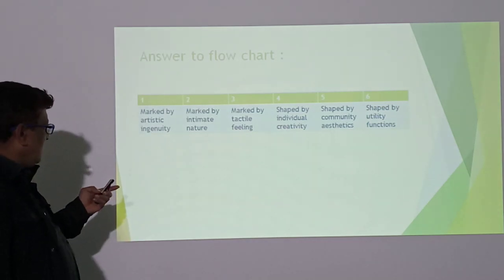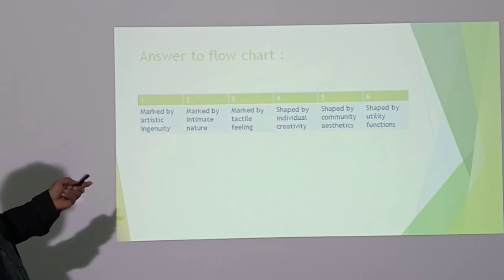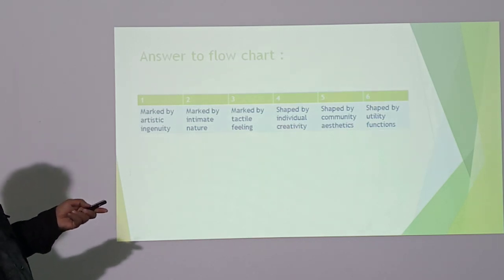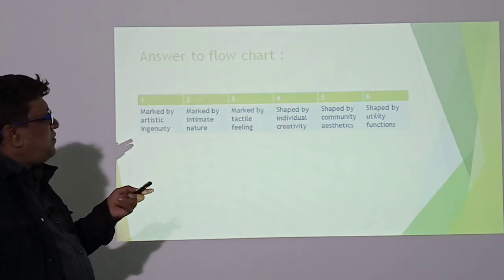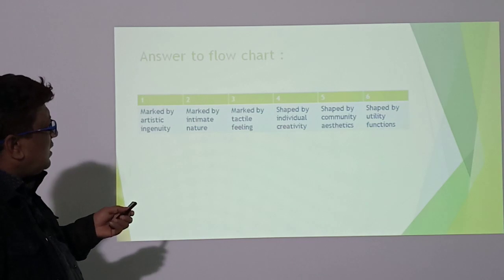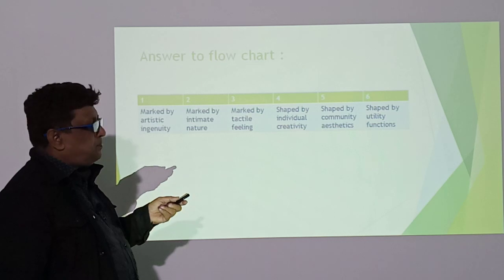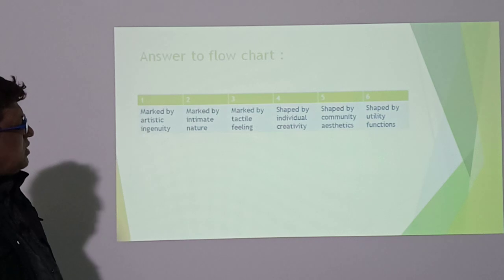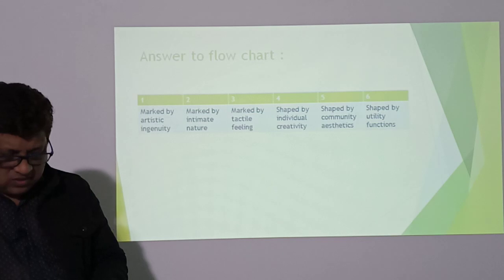The second answer also follows the same pattern, marked by intimate nature. The third one, same case, marked by tactile feeling. The fourth, fifth and sixth ones have a change in verb, but the form of the verb is past participle: shaped by individual creativity, shaped by community aesthetics and shaped by utility functions.